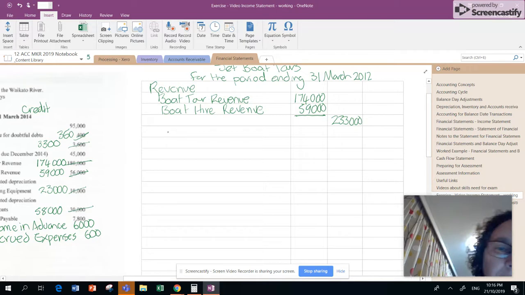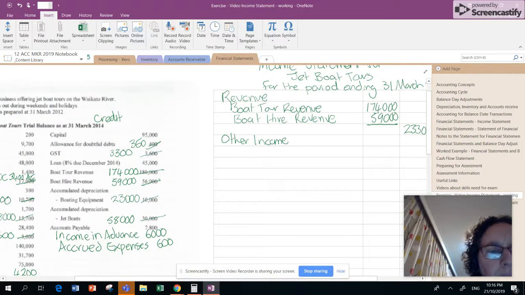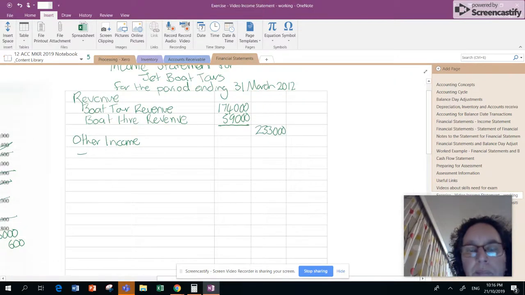Now we're going to add in other income. So our other income is nothing. We don't actually have any other income, so we're just going to leave that. So we've got nothing in here for other income.